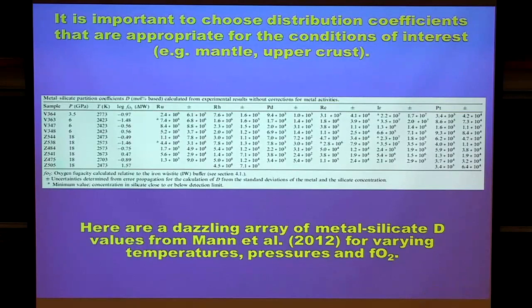Okay, you asked about uncertainties. This is the actual table from the paper that we're working with. Why are we working with this 2012 paper? Well, it's useful because this group did a bunch of measurements of different highly siderophile elements, all in the same set of experiments.